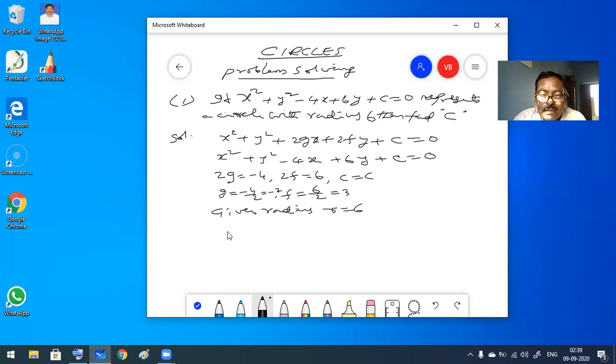Therefore radius r is equal to square root of g square plus f square minus c.